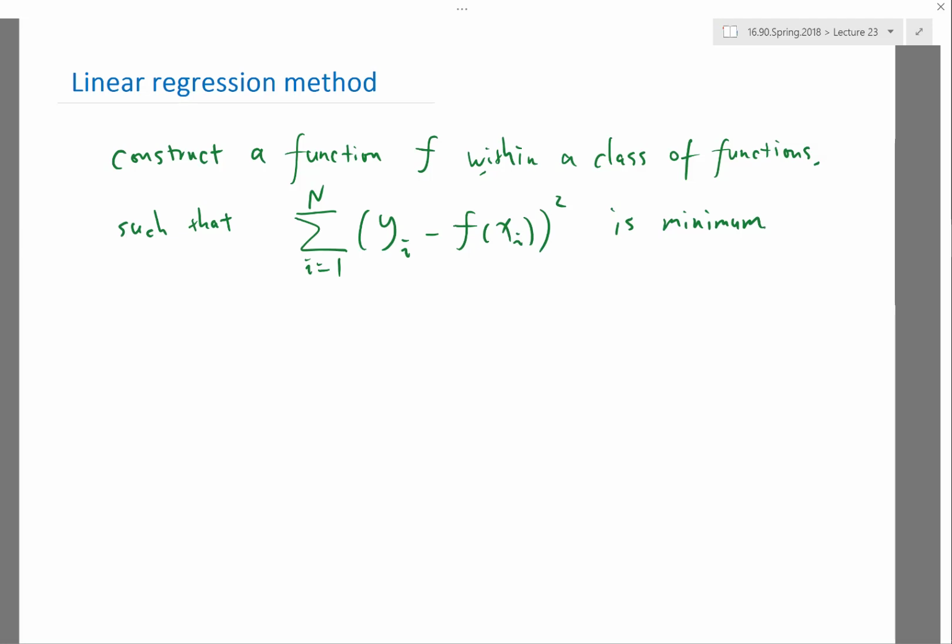So basically you construct an objective function that is summed over all the data you have, and you look at how wrong am I in predicting the data.